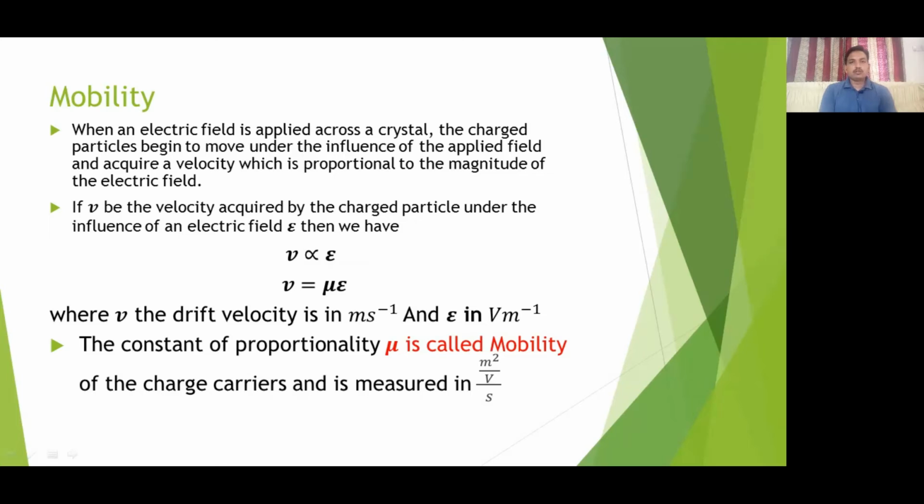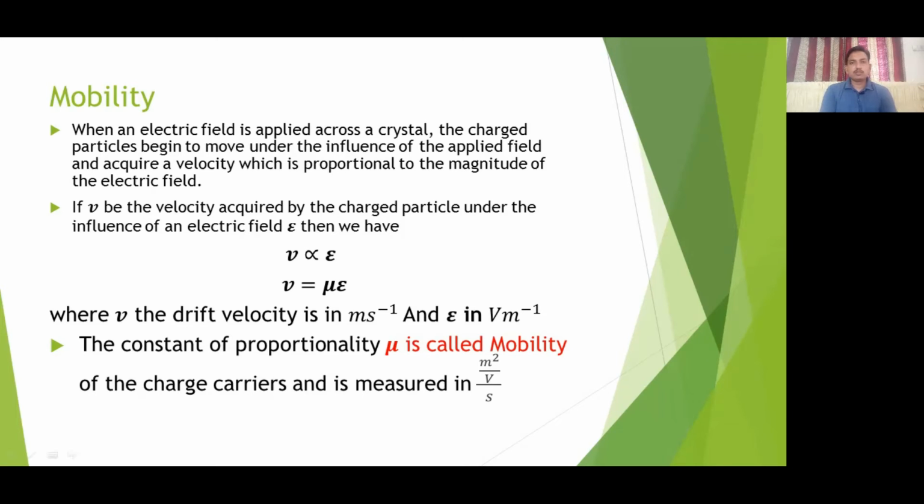If v is the velocity acquired by the charged particle under the influence of the applied field, then it is proportional to the applied electric field E. If you change the sign of proportionality, you can write v = μ ε, where v is the drift velocity with which electrons drift inside a material, in meters per second, and ε is the electric field, in volts per meter.